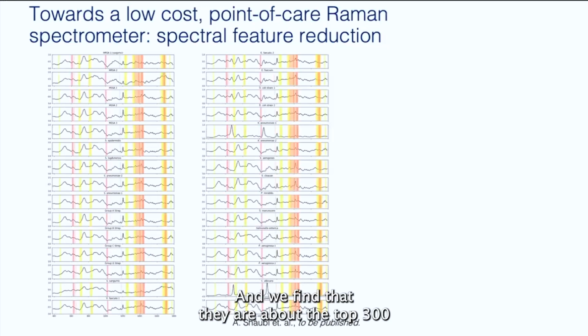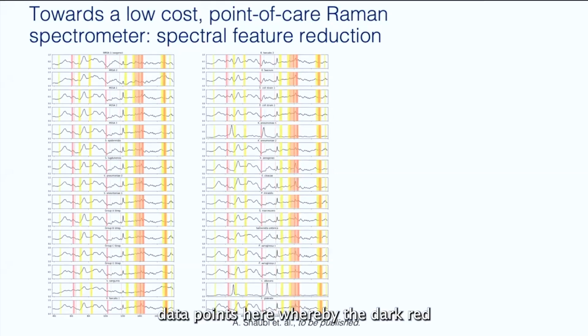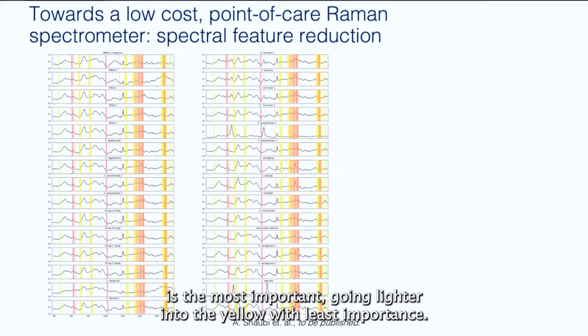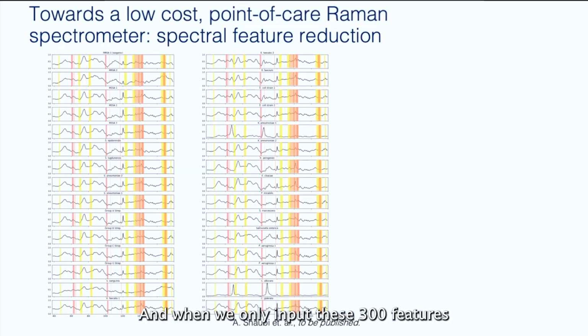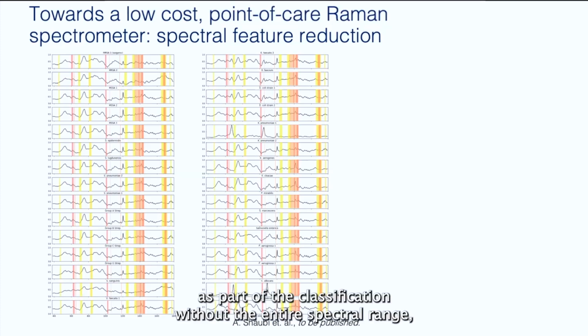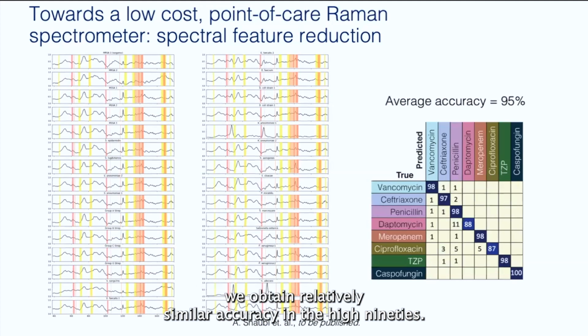And we find that there are about the top 300 data points here, whereby the dark red is the most important, going lighter into the yellow with least importance. And when we only input these 300 features as part of the classification, without the entire spectral range, we obtain relatively similar accuracy in the high 90s.